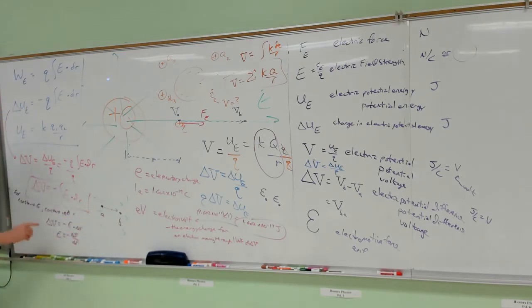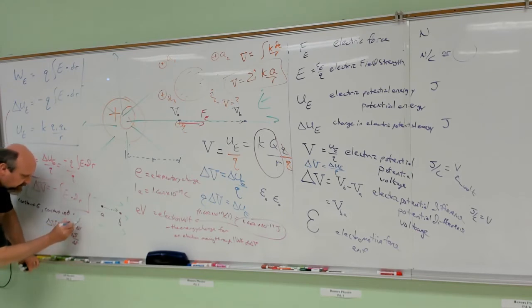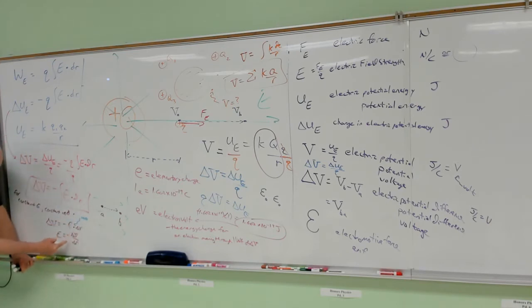Now, there is a little sleight of hand here in this derivation I did. The sleight of hand is with this dot product. Remember that dot means there's a cosine theta there, and it mysteriously disappeared when I went from here to here. What does this mean? When I take a dot product, I'm really just taking the part of E that's parallel to the delta R, right?